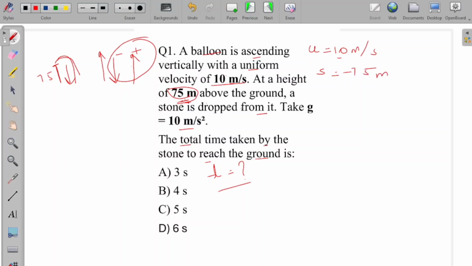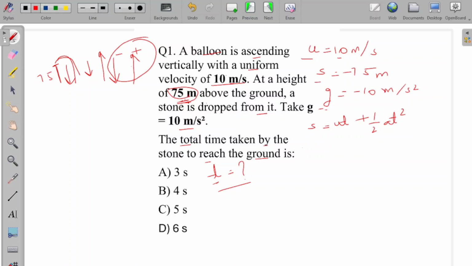And acceleration due to gravity always acts downwards, so acceleration due to gravity will also be taken with negative sign. These are the quantities given to us: initial velocity, displacement and acceleration. We can use these in the following equation: s is equals to ut plus half at square. We can put these values and then solve the equation to find t.